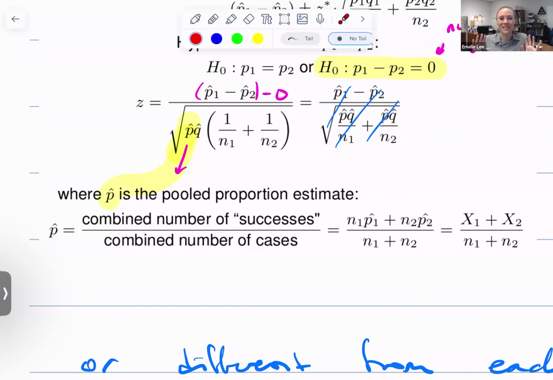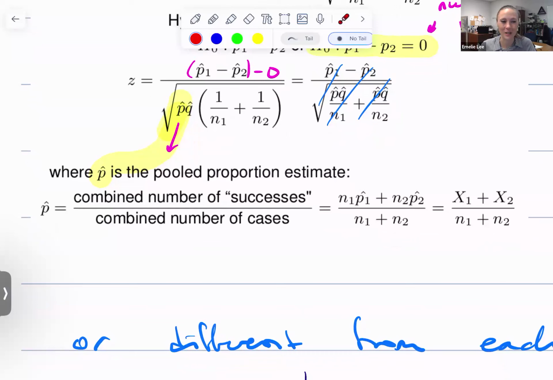How I imagine it, and I tried to find the image in a textbook, is a cartoon character pushing all these proportions into a pool, and then all the successes are just successes now, not from group 1 or group 2. All the samples are together in the pool as well. That's kind of a fun one. I was hoping to find it, but I couldn't. That's what I think of when I think about the pooled proportion estimate.